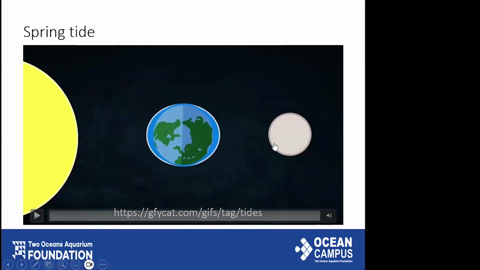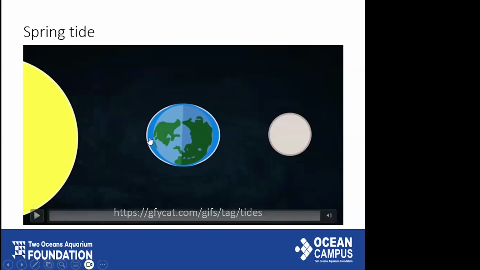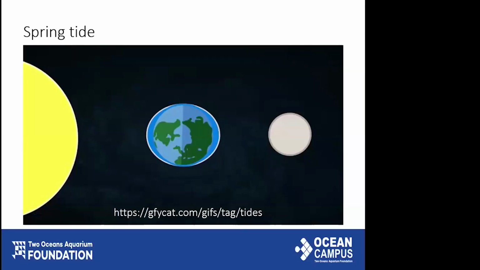And because the moon is rotating around the Earth, where the high tide is experienced is going to be changing and shifting as the moon rotates around our planet. In addition to that, as you said, the Earth rotates on its own axis, and that results in an additional high tide on the other end. So this side of the planet will experience high tide because of the gravitational pull of the moon, and on that side, that high tide is as a result of the centrifugal force.